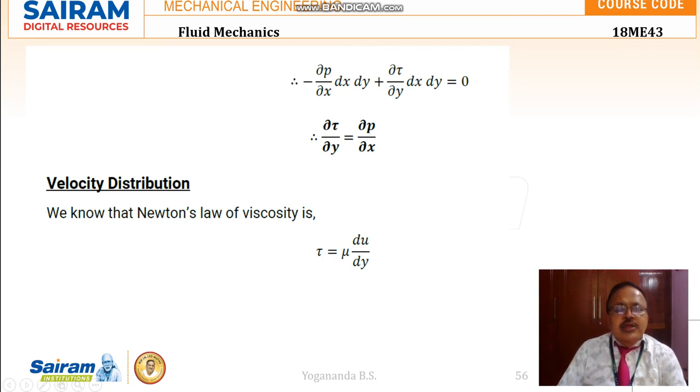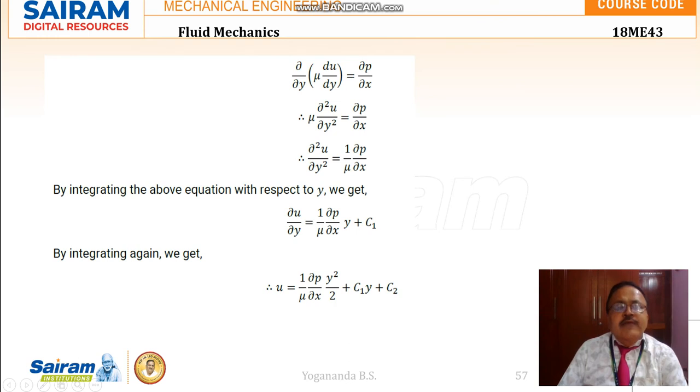Now the velocity distribution. We know from Newton's law of viscosity that tau is equal to mu into du by dy.